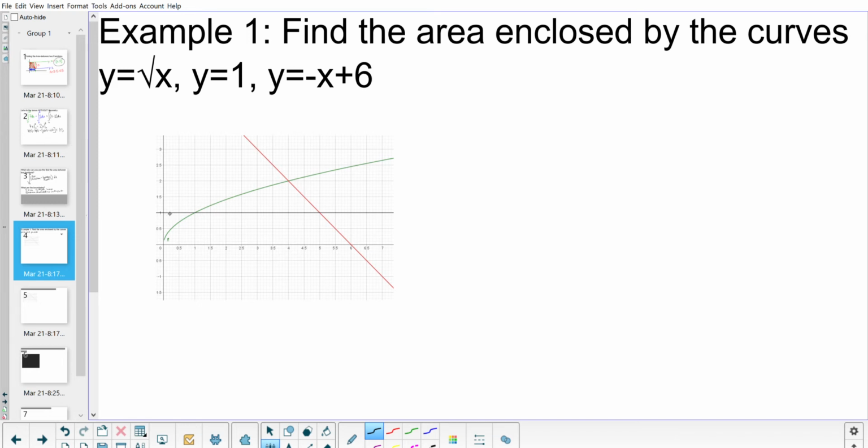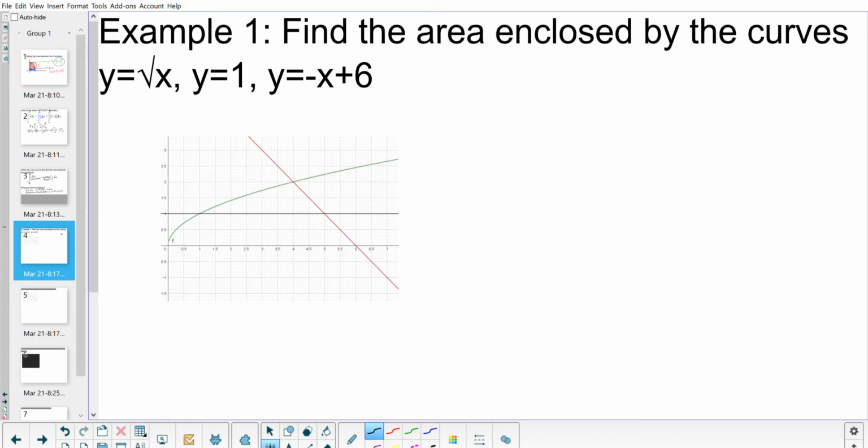So, for example, I don't know if any of your eyes are going to this area. That's not what we're talking about. That area is only enclosed by the square root and the horizontal line. So we don't want that area. We want this area right here, all of this enclosed by all three regions. That's what we're trying to find the area of, okay?